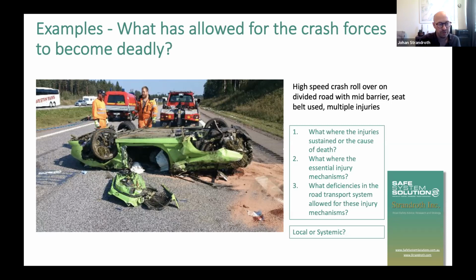And I don't want to fall into the trap of saying that if you have a bit of speeding, that's the absolute deficiency. But if you're speeding in a way that puts everything out of context, and there's no way the treatments that we have would be able to save this person, we would almost classify this as outside system boundaries. We would say there's nothing in our toolbox at the moment from an infrastructure perspective that could save this person.